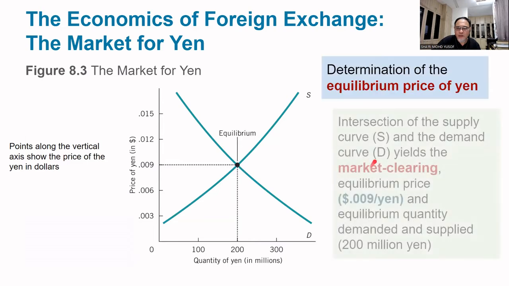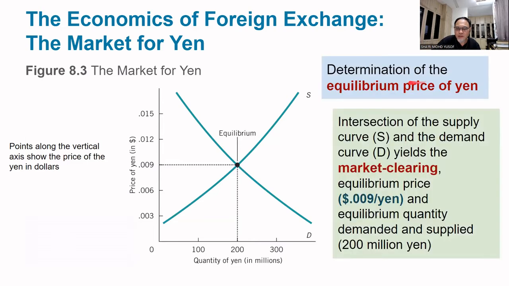The equilibrium price of yen is at the intersection of the supply and demand curves, which gives the market clearing price. In this case, $0.009 per yen, and the equilibrium quantity demanded and supplied is 200 million yen.